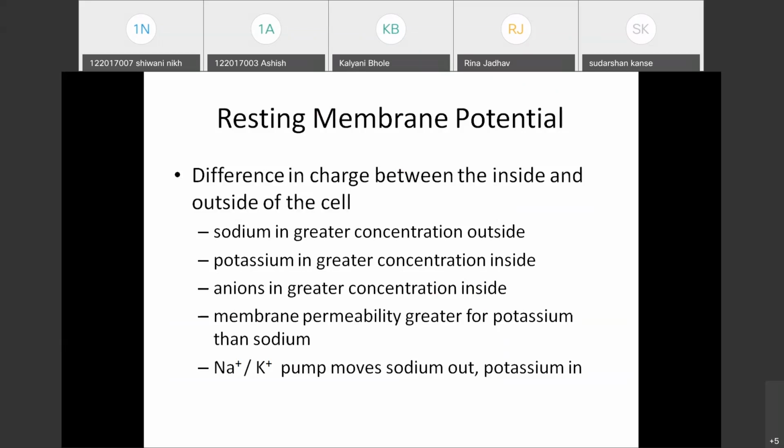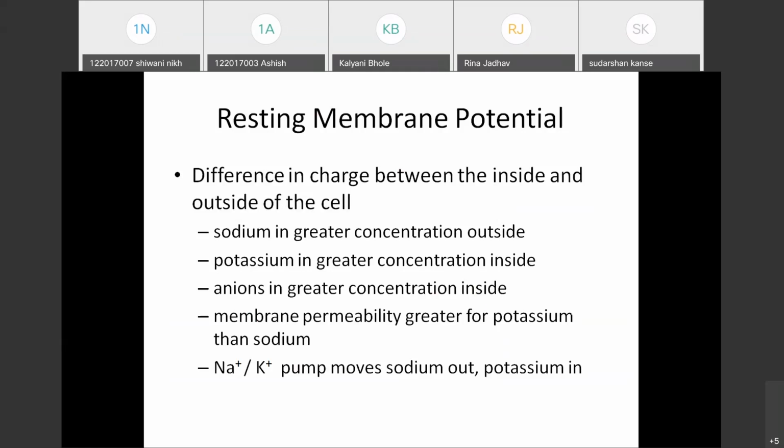That potential is called the resting membrane potential. So what is the scenario at that point? How does this polarity change? Suddenly the inside is negative and the outside is positive, and then suddenly the inside becomes positive and the outside becomes negative.